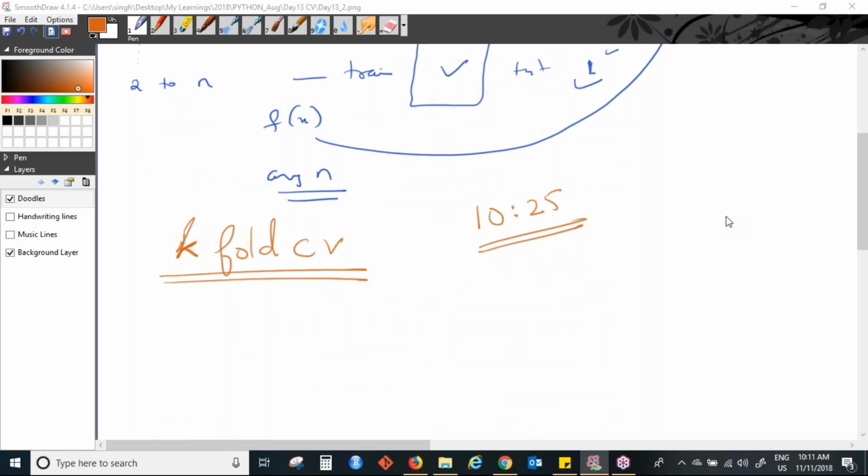Now what will I do? I will divide the data into k parts, where k is some number that you select. Let me select 5, so k is equal to 5. That means I will divide my training data into 5 parts. So I have divided my data into 5 parts.